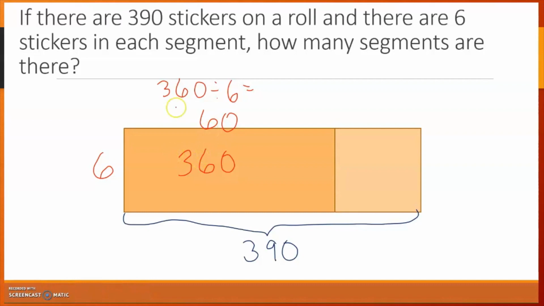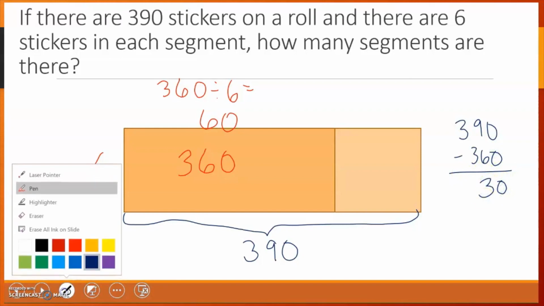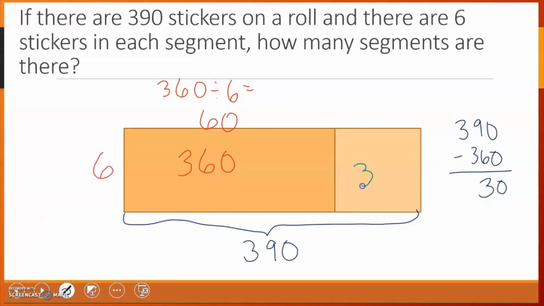But if we had 390 and we took away 360 of those stickers, how many do we have left? That's right, we have 30 stickers left. Those 30 stickers still have 6 stickers in each segment.